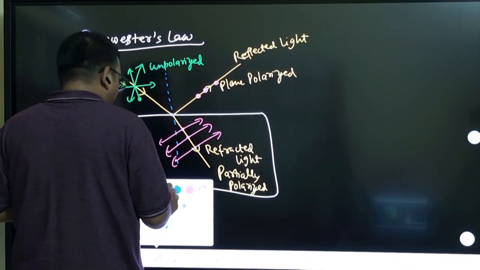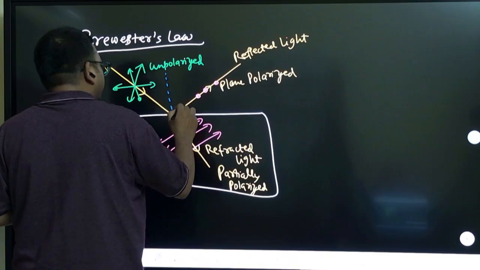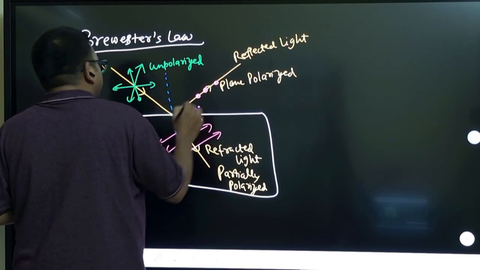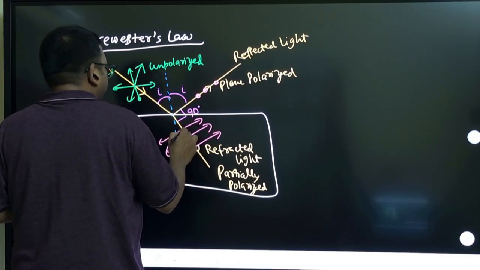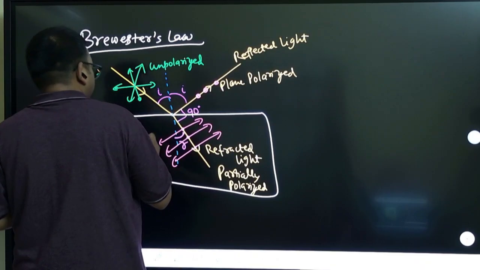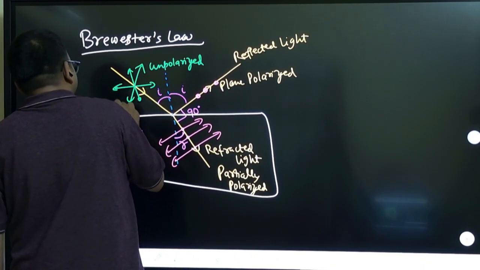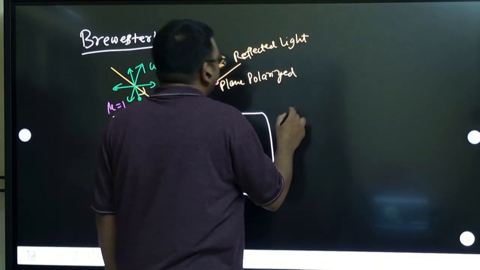And here the angle between the reflected and refracted rays becomes 90 degrees, and this angle I, this is also I only, and this is the angle of refraction R. Outside it's air, so mu is 1, so apply Snell's law.